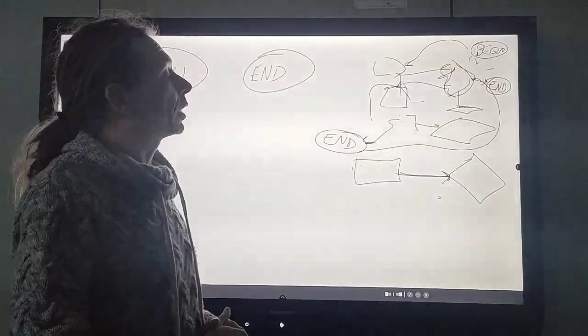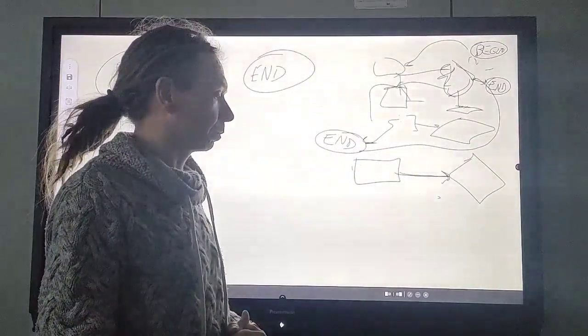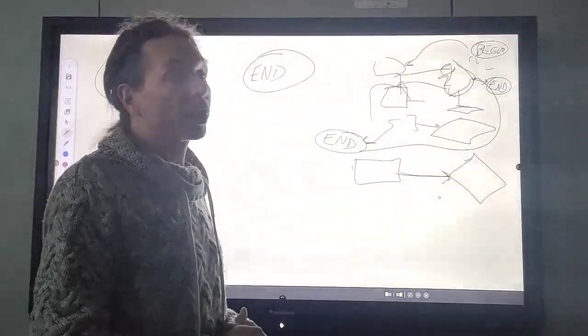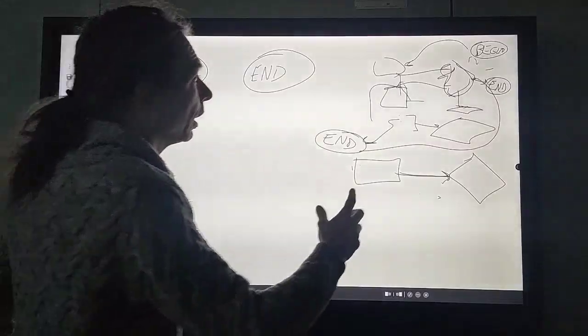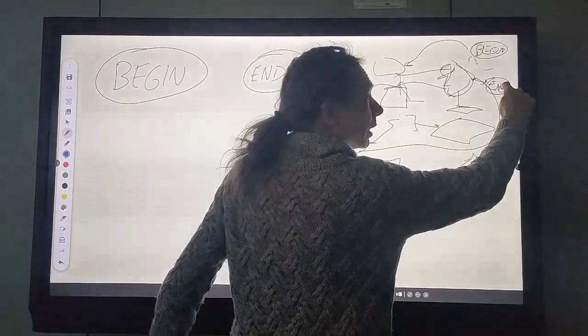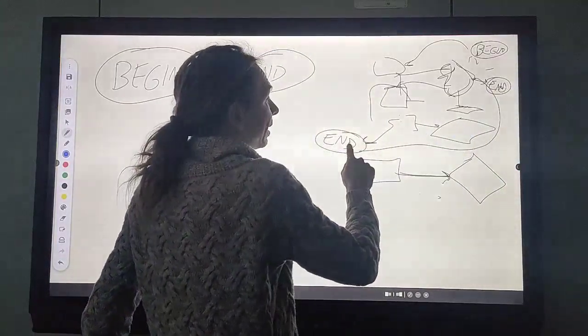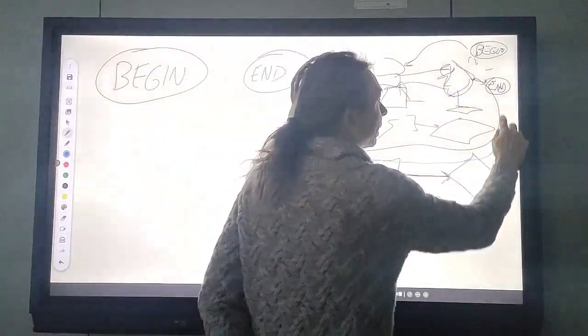But in some way we can say it's like a magical passage, and this end, even if it is here, is the same as this end. They are in some way connected.